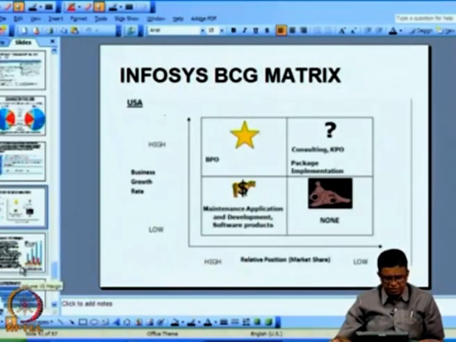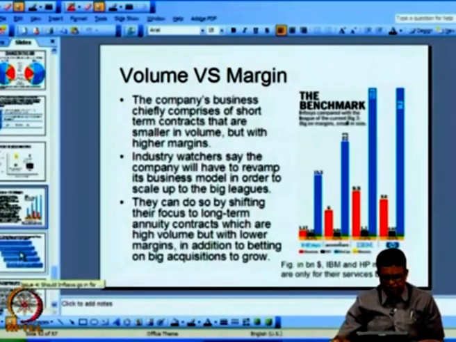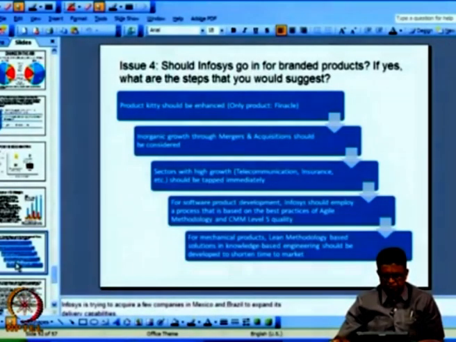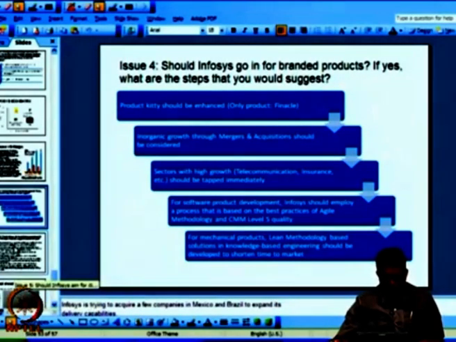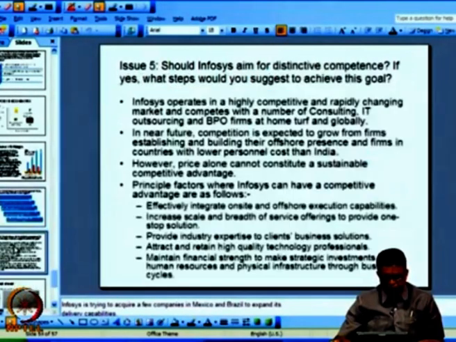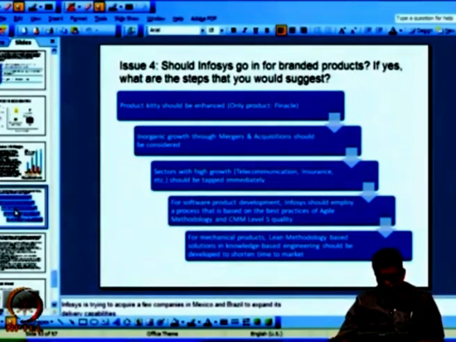So, given the BCG matrix with respect to Infosys, that is USCA, then given the benchmark, should Infosys go in for branded products? Only one branded product is there of Infosys, that is Finacle. So, it may be better. What do they say? The students say that productivity should be enhanced, that is, it may be better to look at more products added to this.